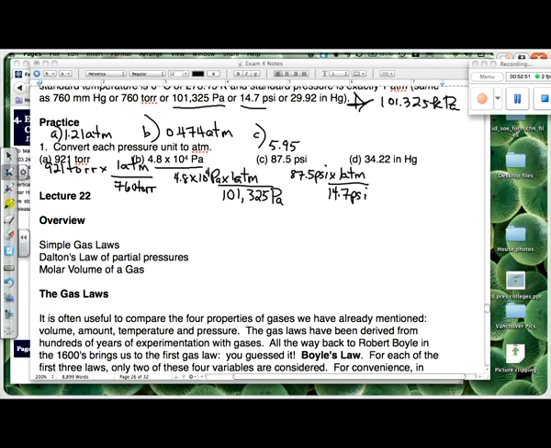C. And then D, 34.22 inches of mercury times 1 atmosphere has 29.92 inches of mercury. And I come out with 1.14 atmospheres. So some pressure conversions and some properties of gases so that we can apply the relationships between pressure, volume, temperature, and amount in these simple gas laws in the next lecture.